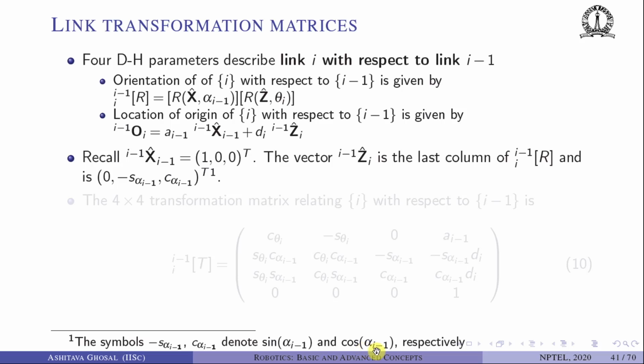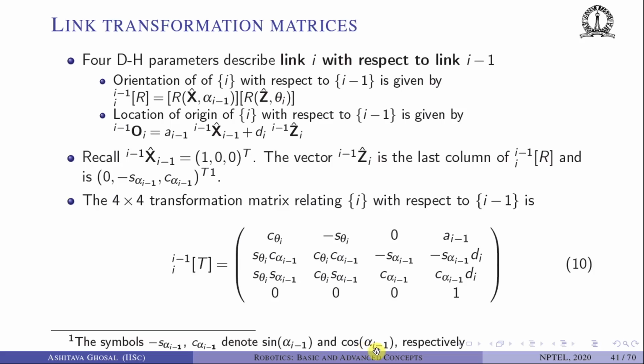Now we can assemble the 4x4 homogeneous transformation matrix which relates coordinate system i with respect to i-1, or describes link i with respect to link i-1. As usual, there is a top 3x3 rotation matrix. Where is the rotation matrix coming from? From this equation, the product of rotation about x followed by a rotation about z.